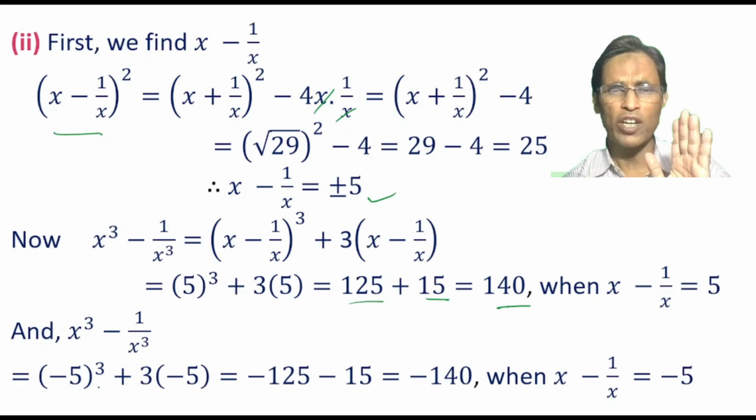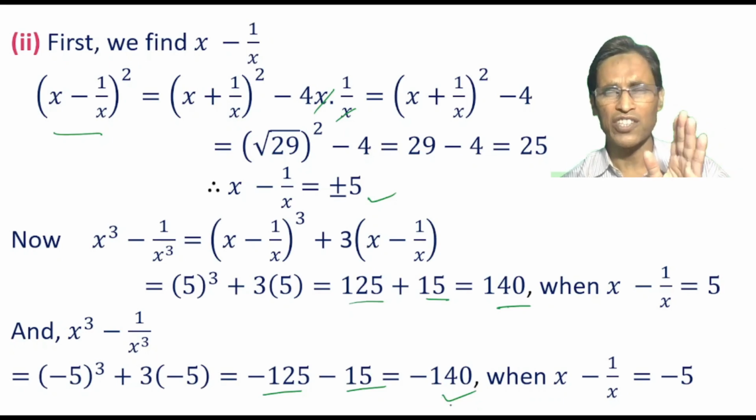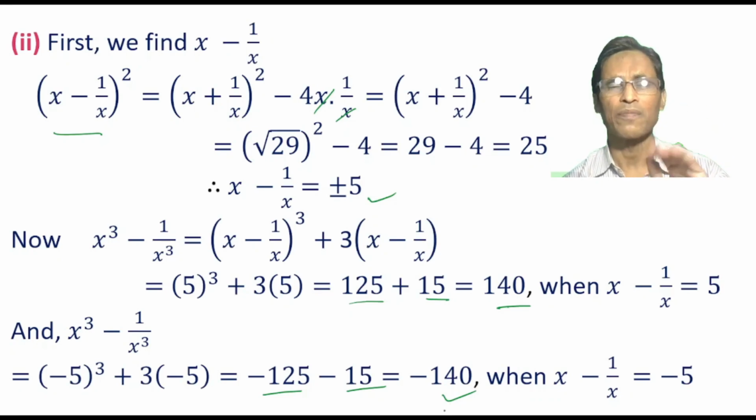Minus 5 to the whole cube comes minus 125, and 3 into minus 5 comes minus 15. The simplification of minus 125 and minus 15 comes minus 140, and so this is the required value of x cube minus 1 by x cube when x minus 1 by x is taken as minus 5.